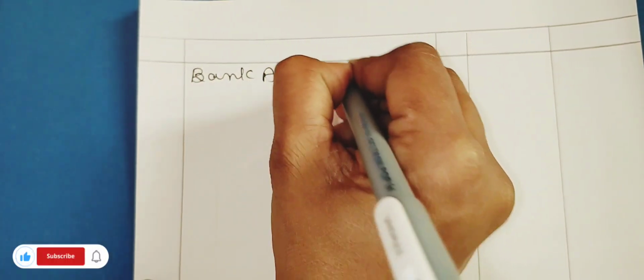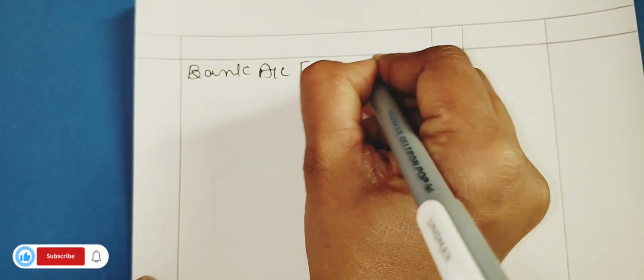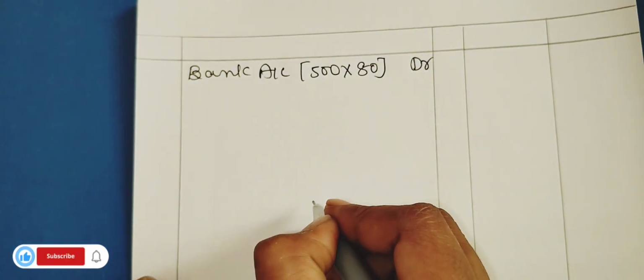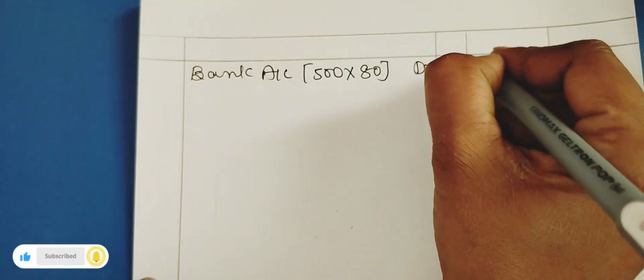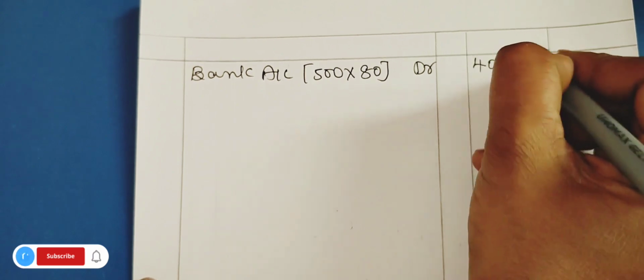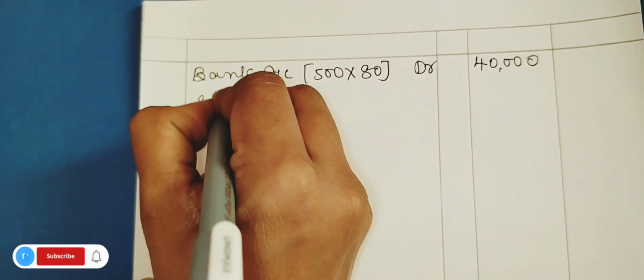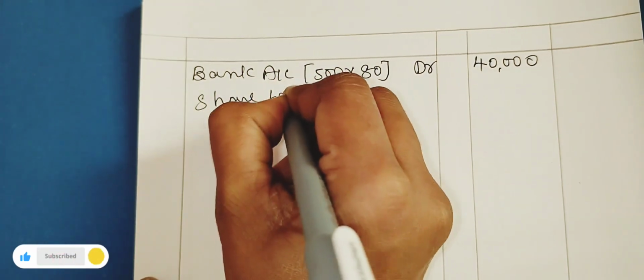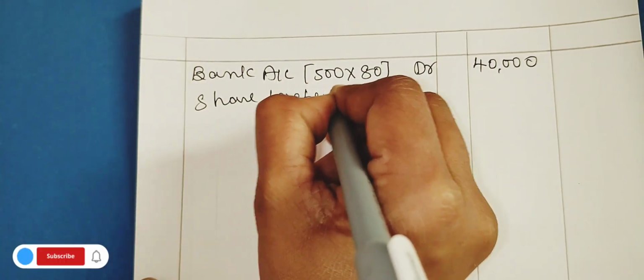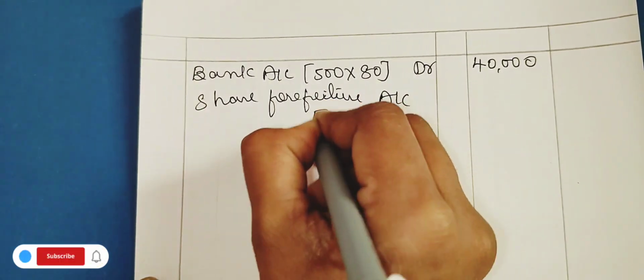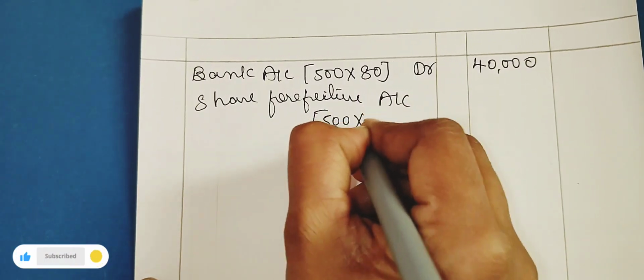We are reissuing 500 shares at rupees 80 each. Debtor 500 into 80 is 40,000. 5 8s are 40, so 40,000. Share forfeited account, 500 into 20.